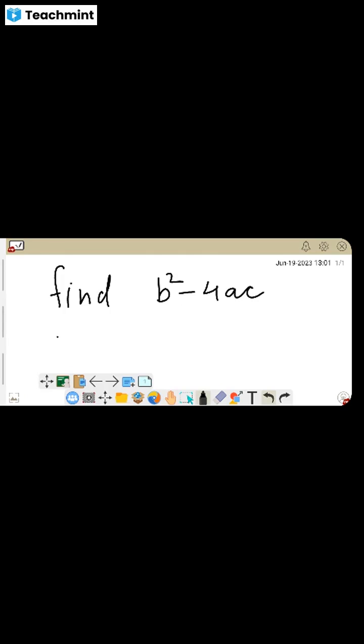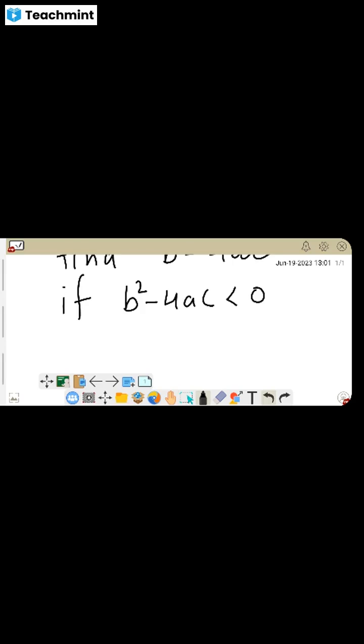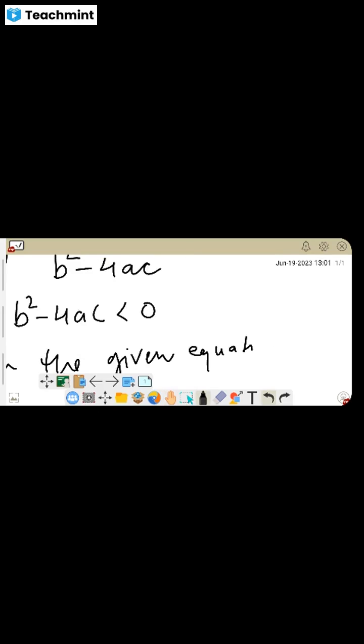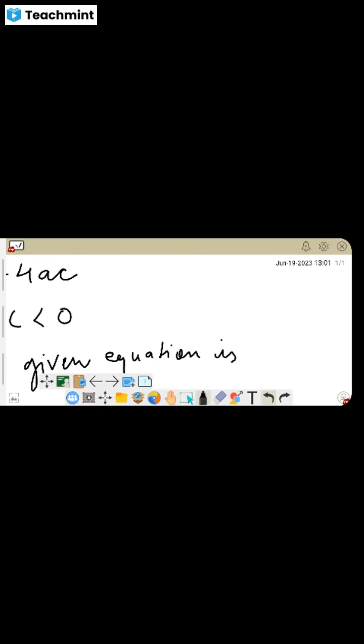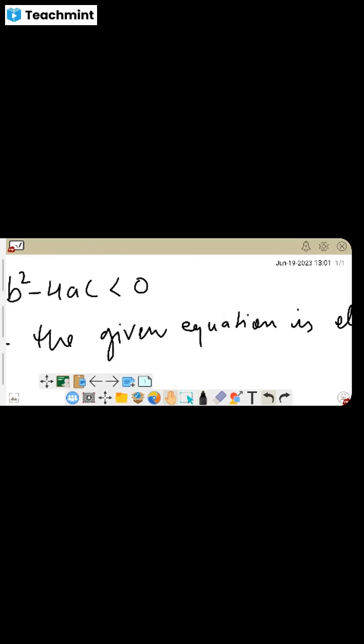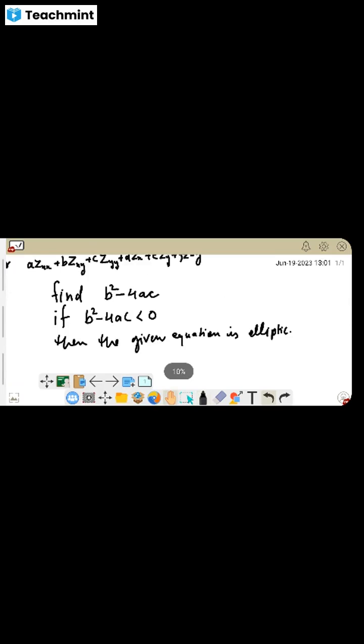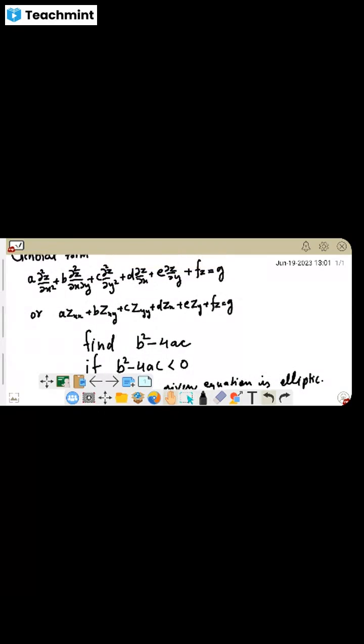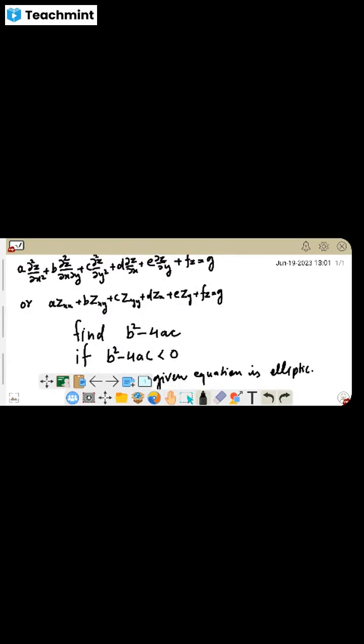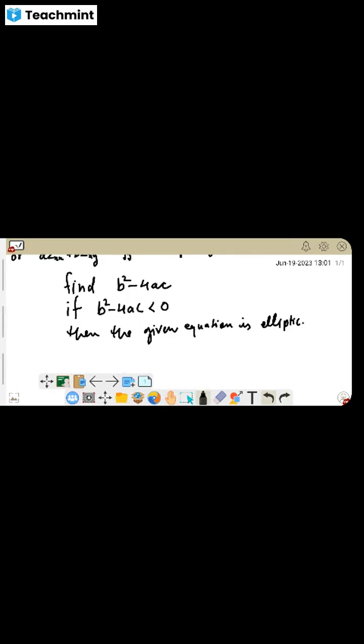If b square minus 4ac is less than 0, meaning we get a negative value, then the given equation is elliptic.